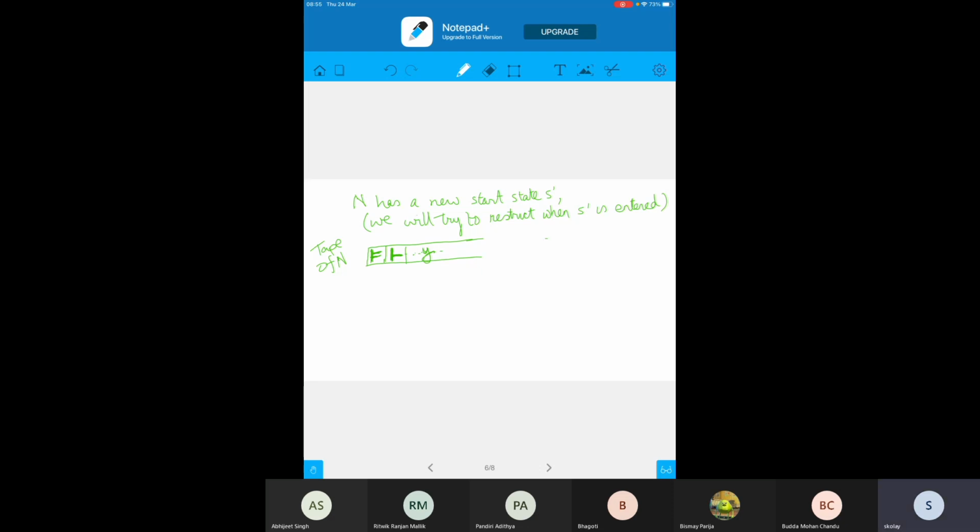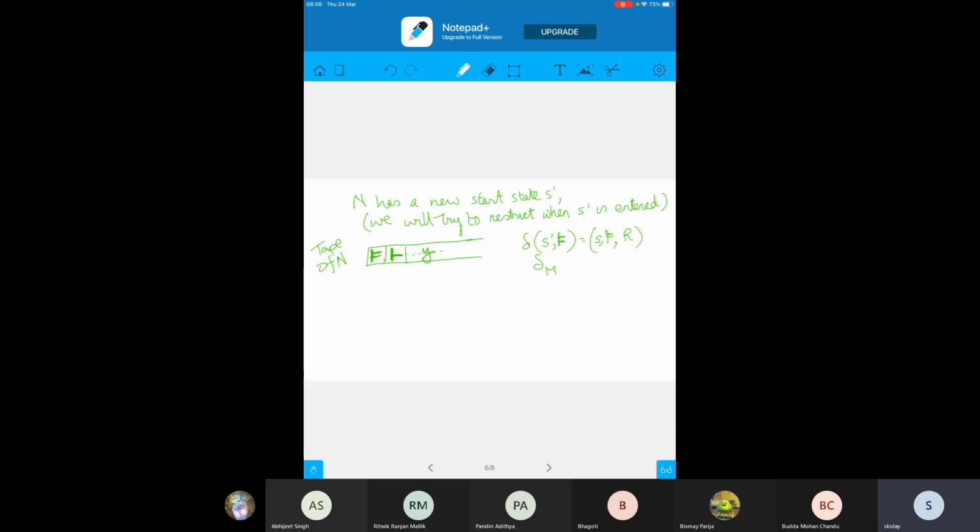And I will add a transition from S dash on this special left hand marker: S dash, special left hand marker goes to S, left hand marker, and right. After this, it is going to be the transition function of M.